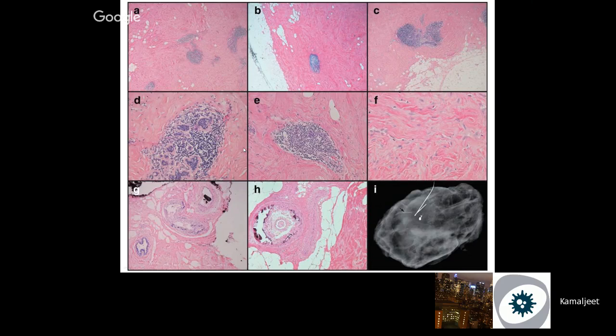The classical histological findings are these five features. There's a dense lymphoid aggregate around the lobule, around the ducts, and around the vessels. There's associated keloidal collagen and epithelioid myofibroblasts. Those are the classical features of diabetic mastopathy, a lymphocytic mastopathy.